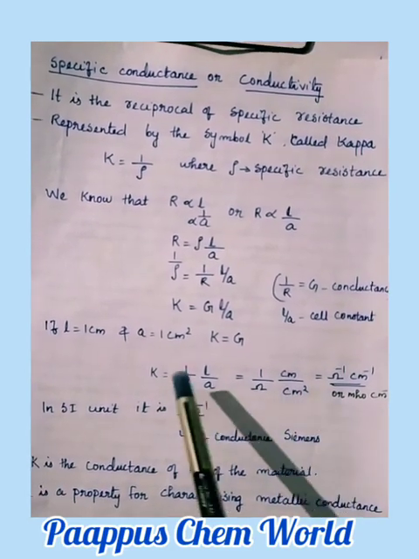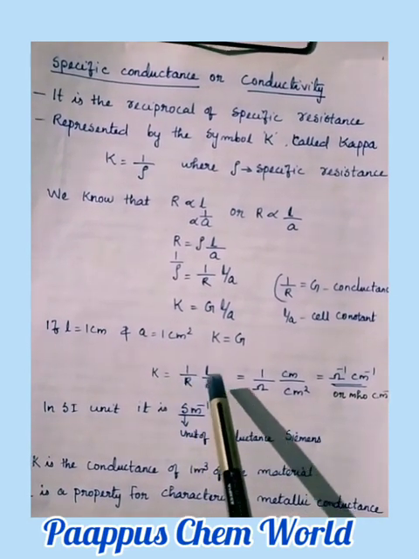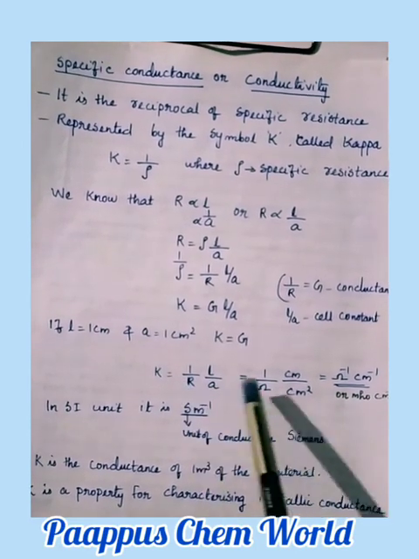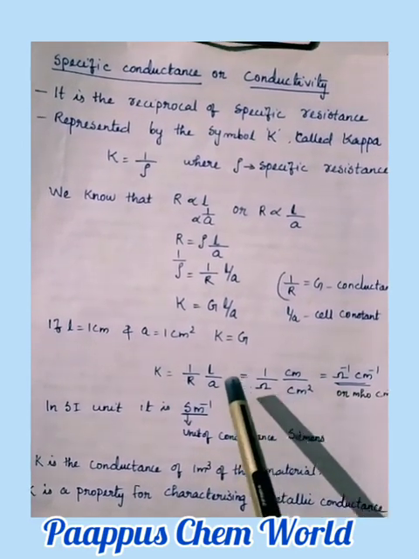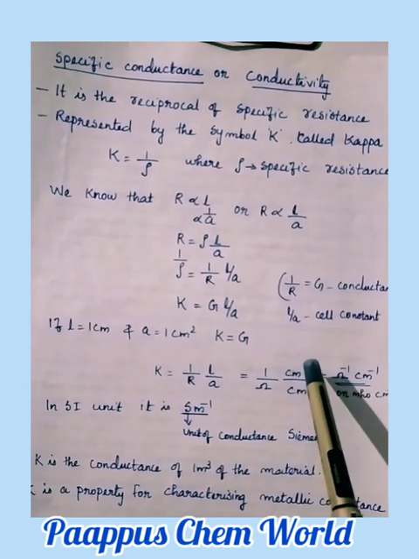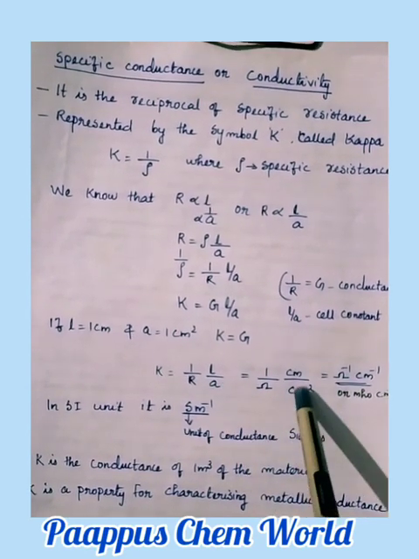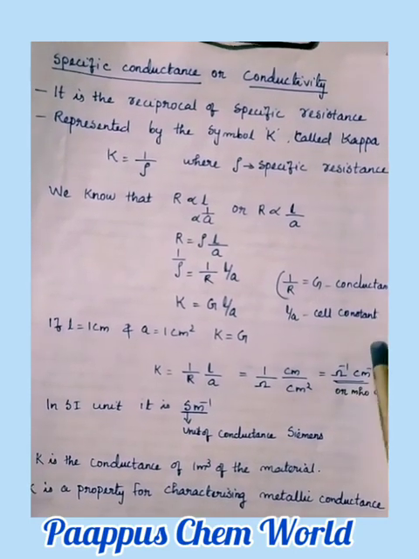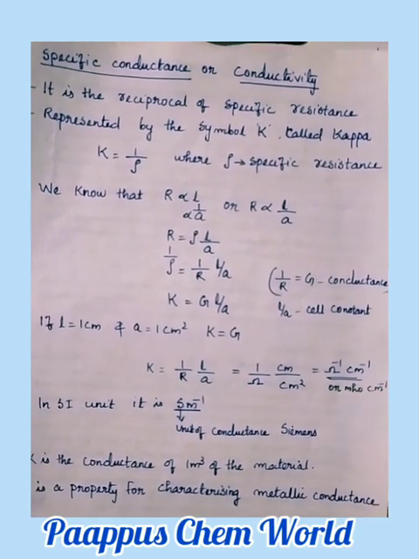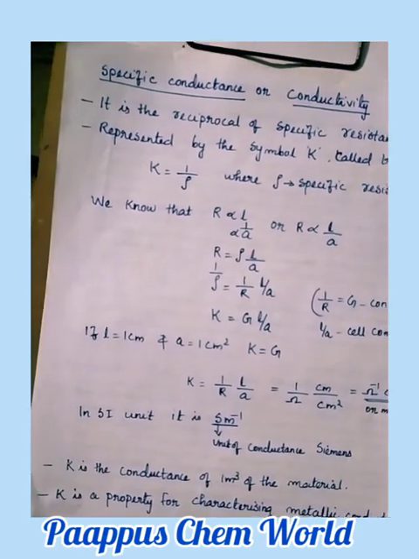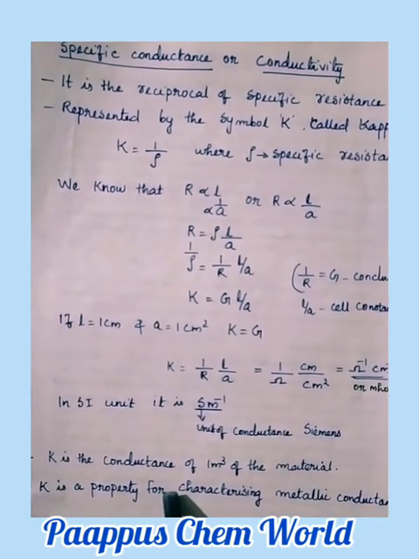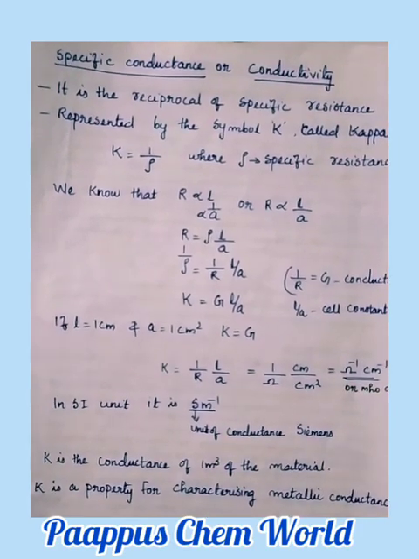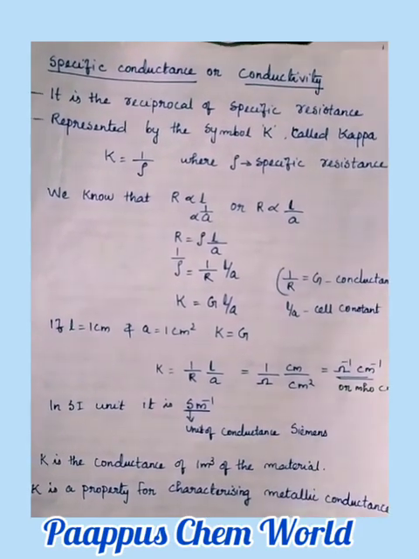In other units, K becomes 1 by R into L by A. The unit of resistance is ohm, then 1 by ohm into the unit of length, centimeter, and area, centimeter square. Hence the unit becomes ohm raised to minus 1 centimeter inverse, or ohm inverse centimeter inverse. This specific conductance or conductivity is the property for characterizing metallic conductance.